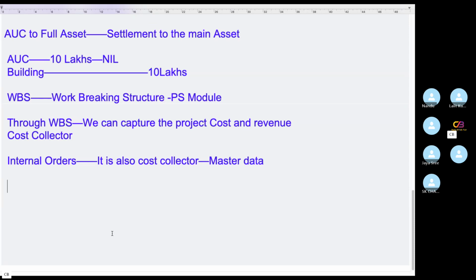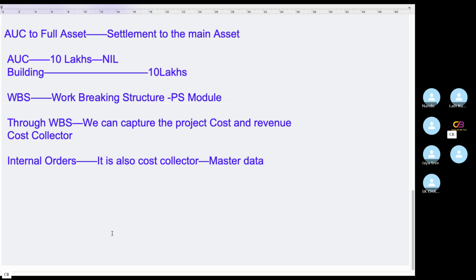Any specific, temporary event, like asset under construction, is temporary, right? It's not permanent. The asset will be finalized, and one day we can definitely capitalize it.